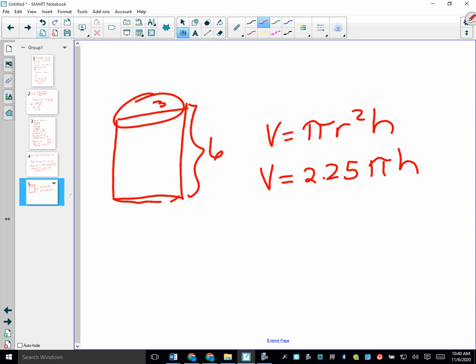Is that what r squared is? Do we like h? Since we know h? No, because h is changing. So V prime equals 2.25 pi h prime. So now we just put in h prime.